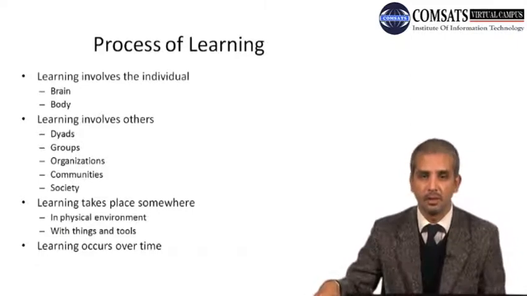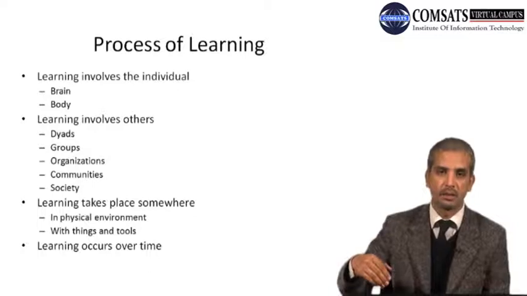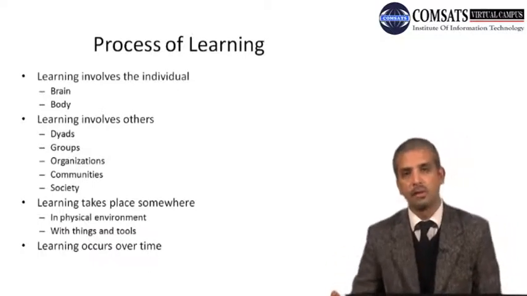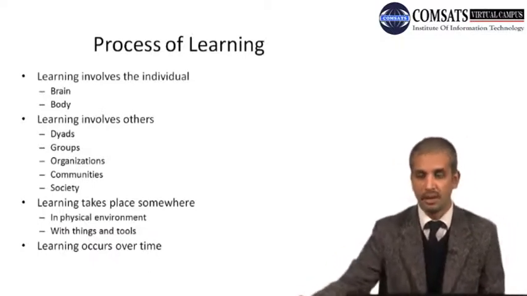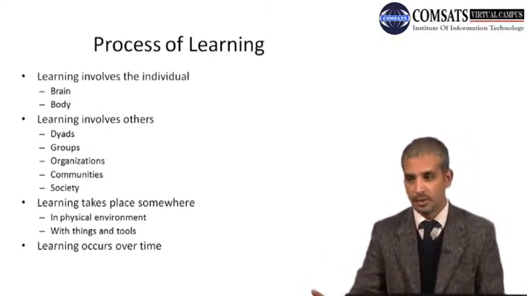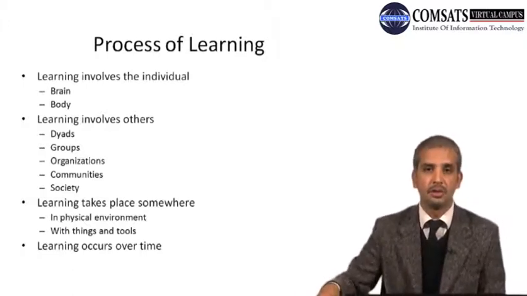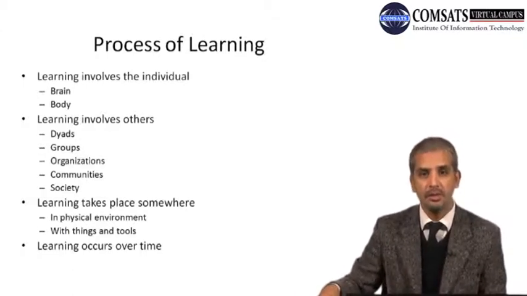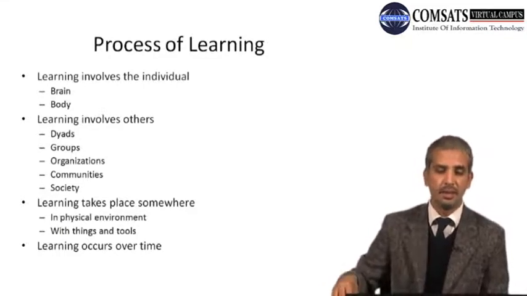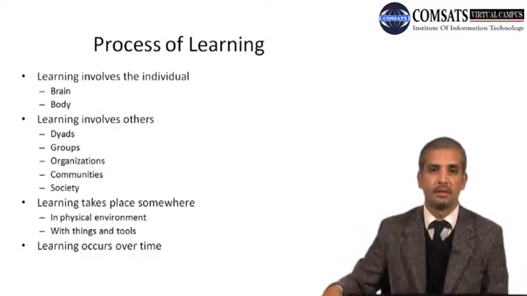When you are part of a pair, you learn from the other individual with you based on your experiences. Then you learn from your groups, your group of friends, your group of colleagues, your group of relatives. And all these groups teach you some things. And these things are basically the process of learning. These things you learn from that environment also.